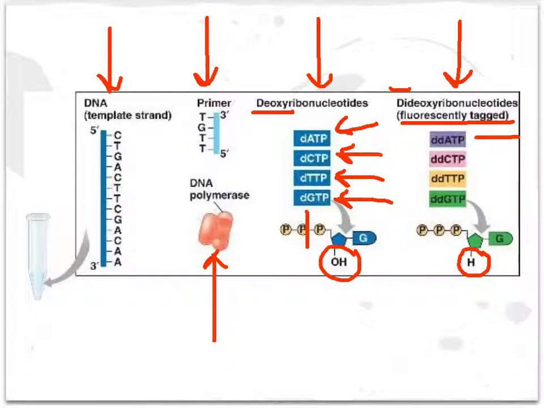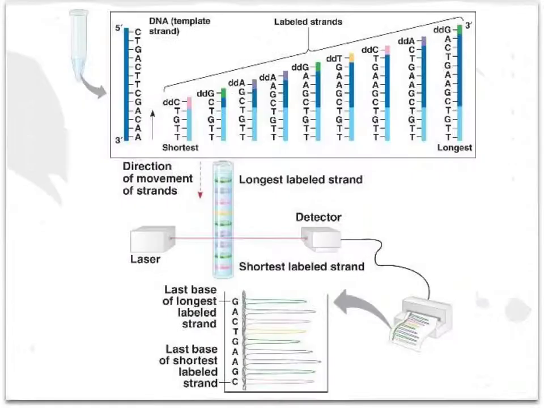So let's take a look at how this whole process works. In order to sequence our DNA strand, we've got the solution that has our deoxyribonucleotides, all of them and a bunch of them. We also have our di-deoxyribonucleotides that are fluorescently tagged. And then we have all of the machinery necessary in order to polymerize a strand of DNA.